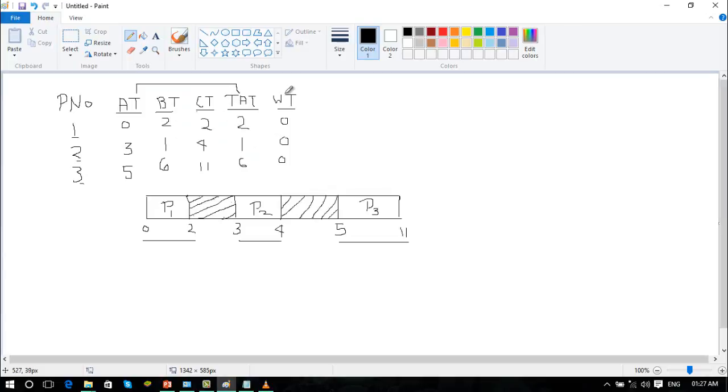Very interesting, check this. Waiting time is turnaround time minus burst time, that is P1 0, P2 0, and P3 also 0. The waiting time for all the processes is 0, because no process is actually waiting for the CPU; in fact, the CPU is waiting for the process.